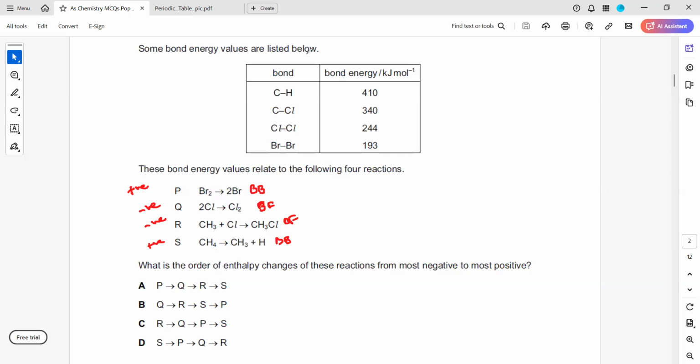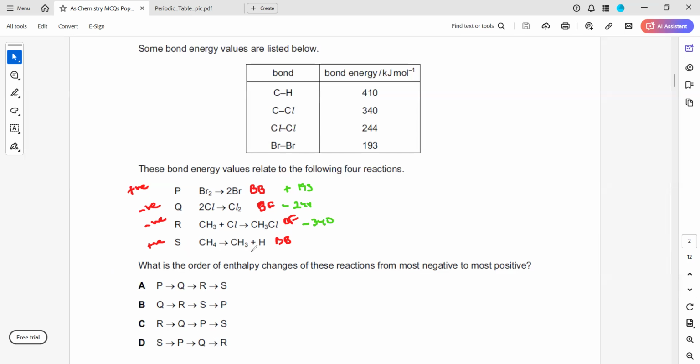And the energies are given here. Bromine bond breaking, so it will be positive 193. Then chlorine bond forming, that is 244, but we write minus 244. And carbon and chlorine, we write minus 340.